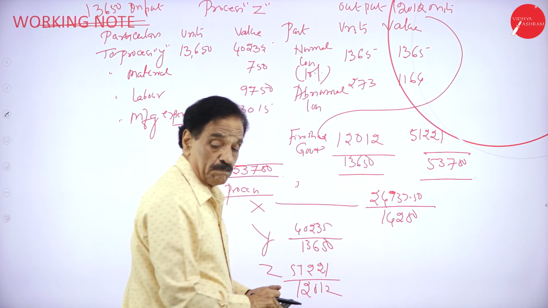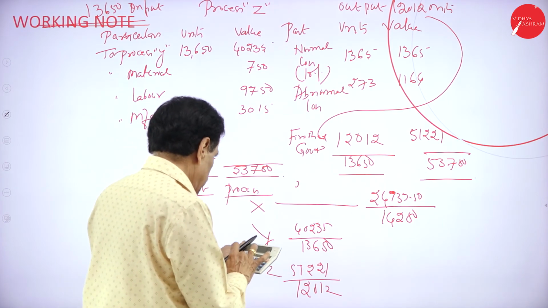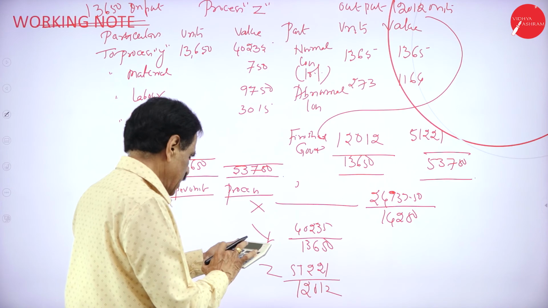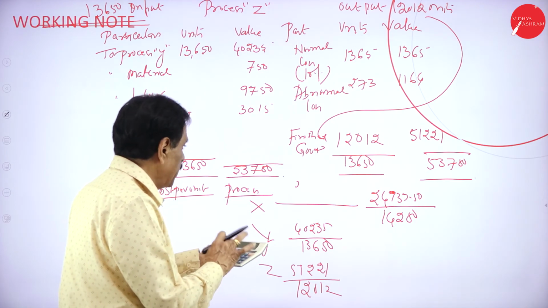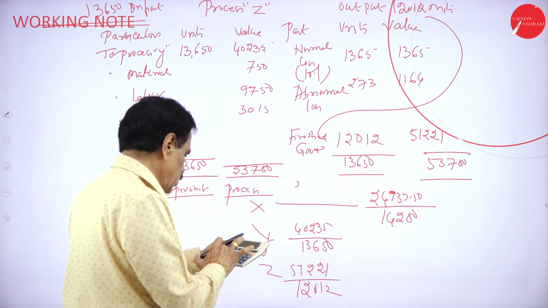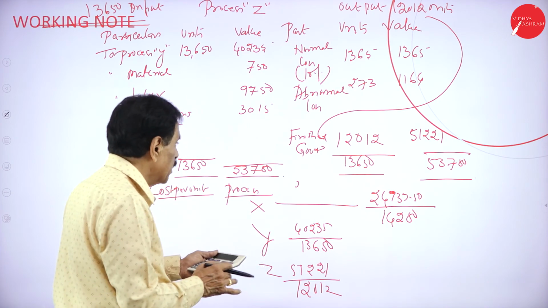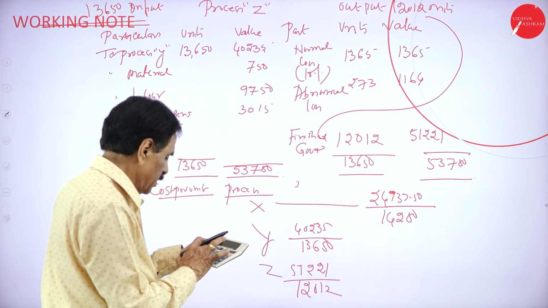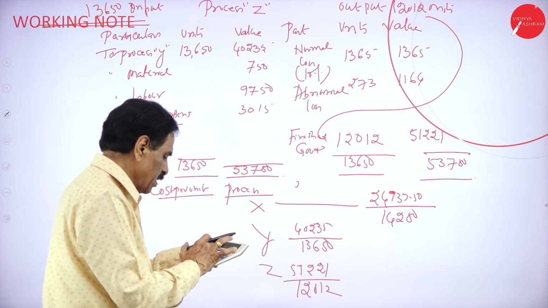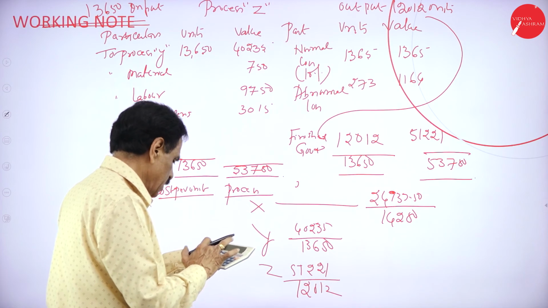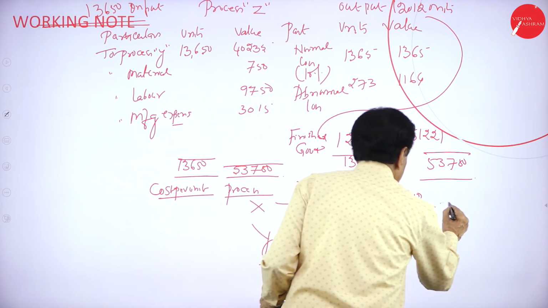Per unit you are going to calculate. So we'll go with one. 24,937.50 divided by 14,250 is 1.75.